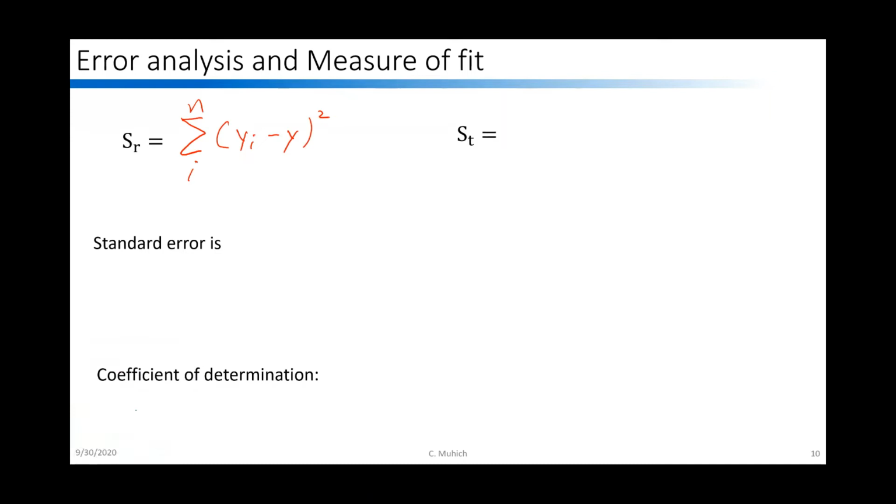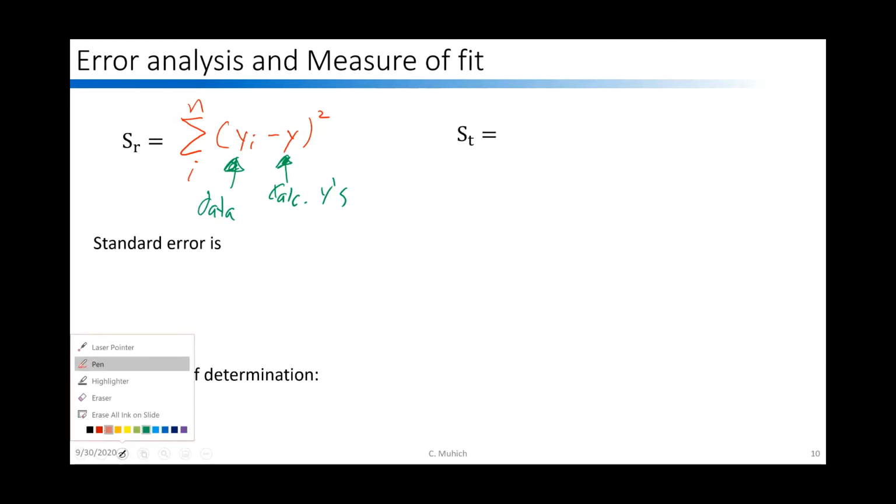I'll put this in green. So this is the calculated y's from our different equation. These are the data points that we're trying to regress to.